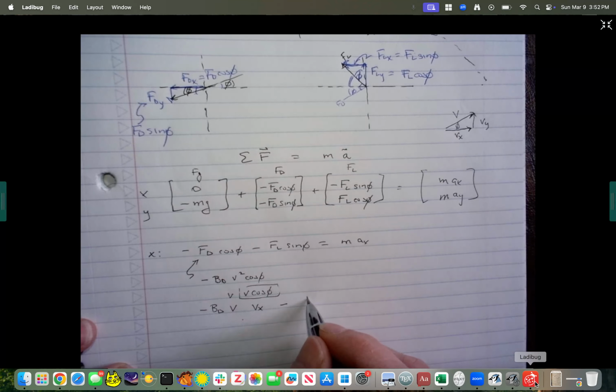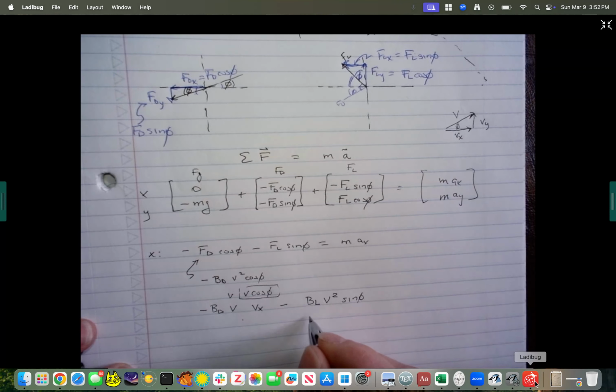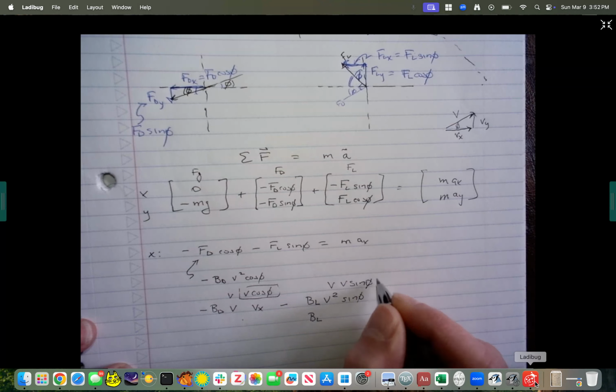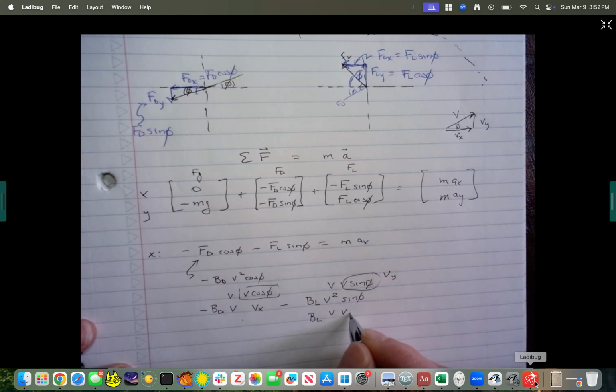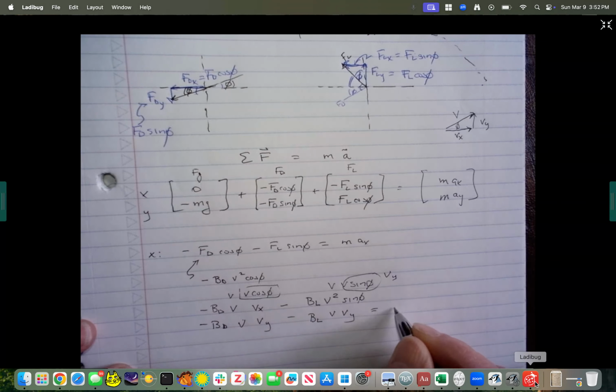Lift is going to be very similar, but b_L v squared sine phi. And again, v sine phi is our y component. And that equals m a_x. So we want to solve for that.